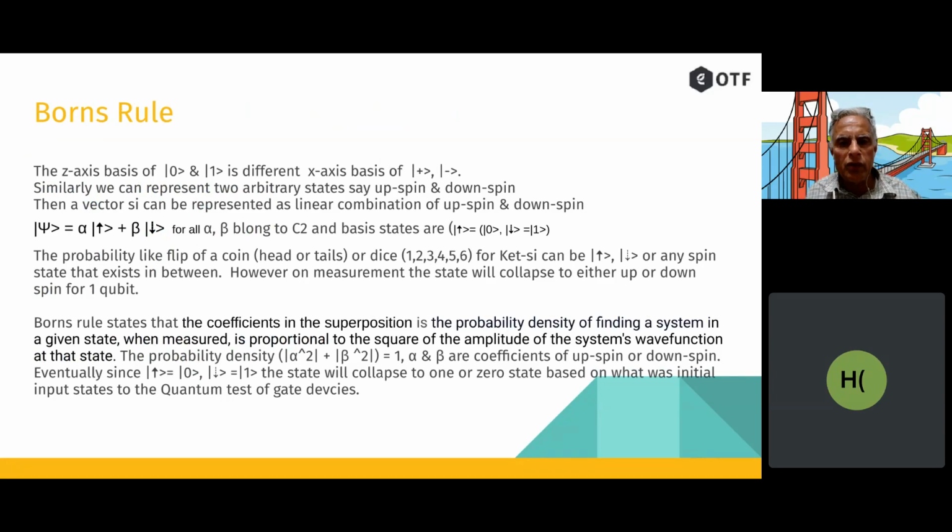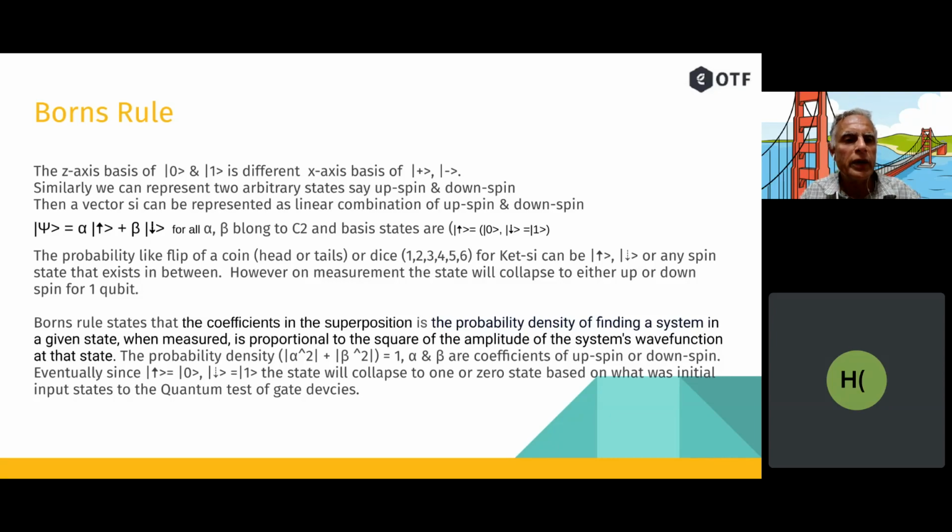Born's rule. This is the same thing, but because we have alpha ket plus beta ket, what happened? Up arrow and down arrow are the abstract representation of ket 0 and ket 1, and alpha and beta belong to C2, complex.